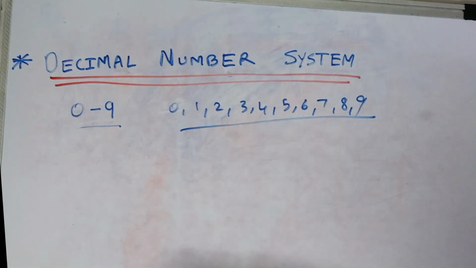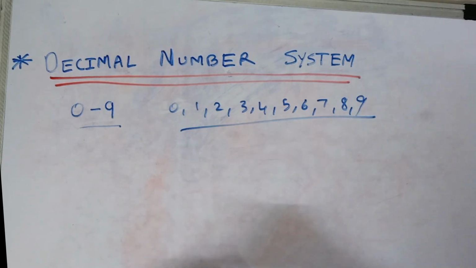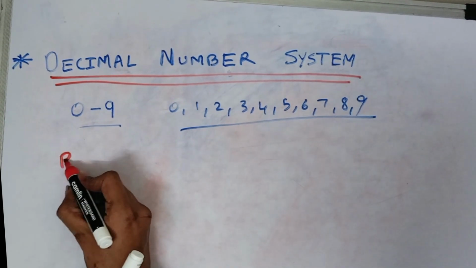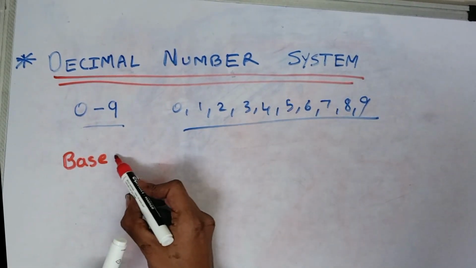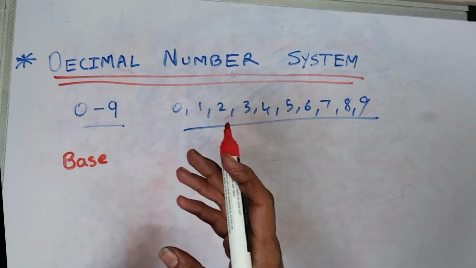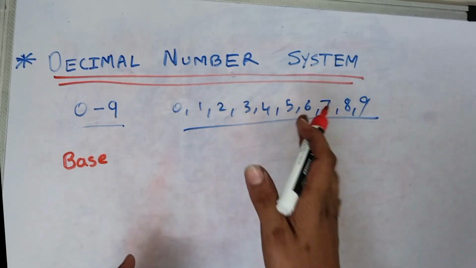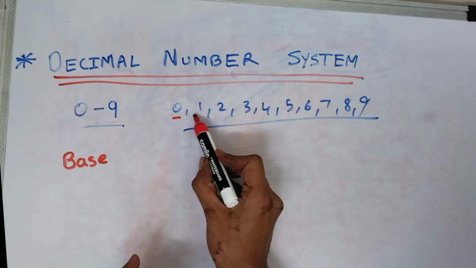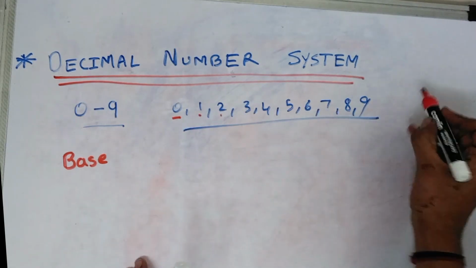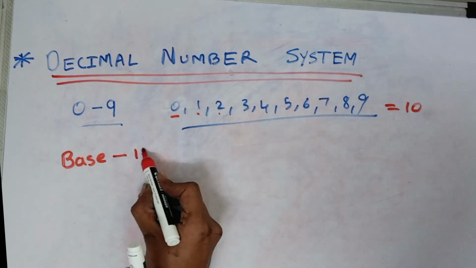Now how will we identify whether a number is decimal, hexadecimal, binary or octal? For that purpose we use a concept called base. Now a base is nothing but the radix, or the number of total numbers present in any number system. In the case of the decimal number system, there are a total of 10 numbers. We can count it 0, 1, 2, 3 like this. So the base of the decimal number system is 10.